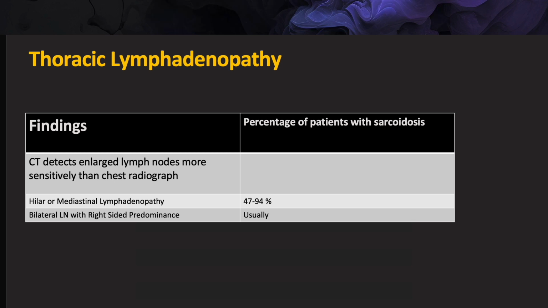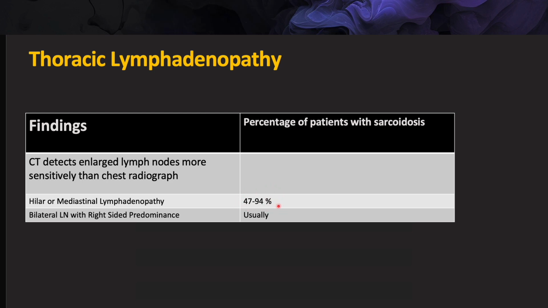Let's start with thoracic lymphadenopathy or mediastinal lymphadenopathy. Now we know that CT scan is more effective in diagnosing enlarged lymph nodes. So there is a lot of sensitivity to HRCT or CT scanning for diagnosing lymphadenopathy in sarcoidosis. Now the prevalence of hilar or mediastinal lymphadenopathy in a patient with sarcoidosis is around 47 to 94%.